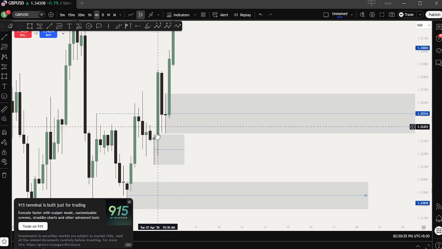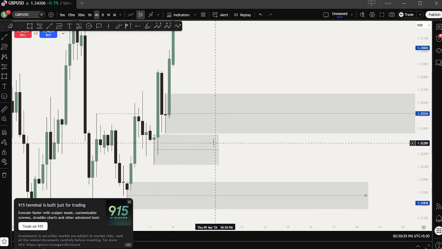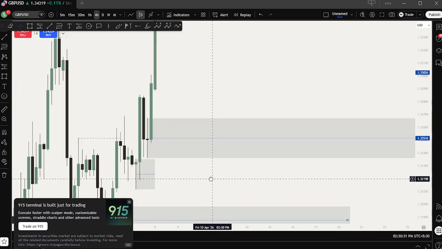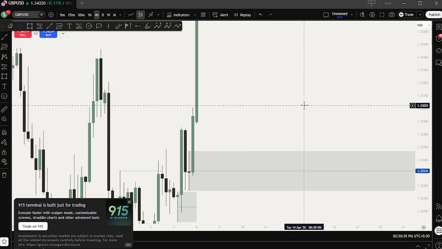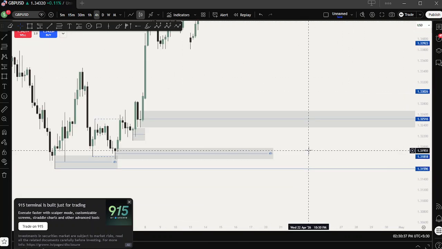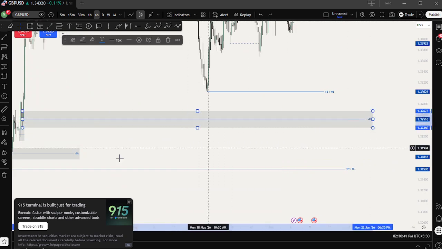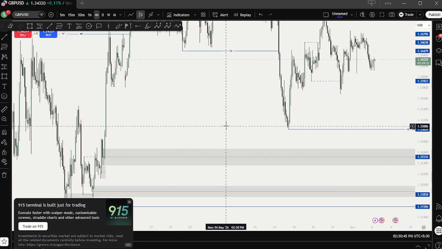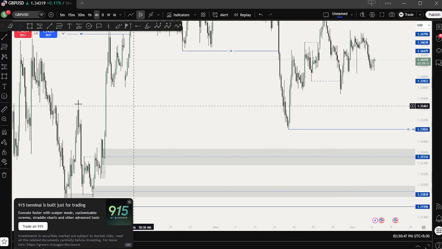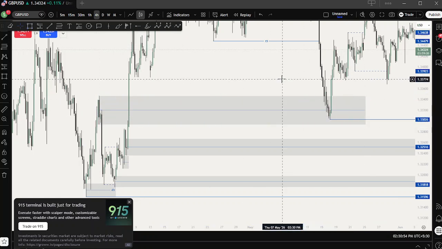While this one doesn't have that imbalance, so I am not putting it. This has that imbalance, that break of structure, and even the bigger one. So these are my two zones from where I expect price to go if this fails, and if I show from where the price moved, it was this support at this moment.